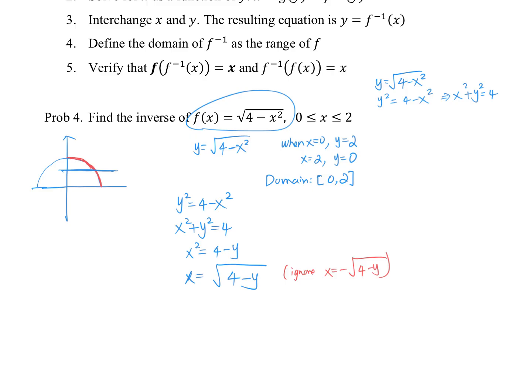Now finally, the last step is to interchange x and y. So therefore, y equals square root of 4 minus x. This is the inverse, okay? To get the inverse.